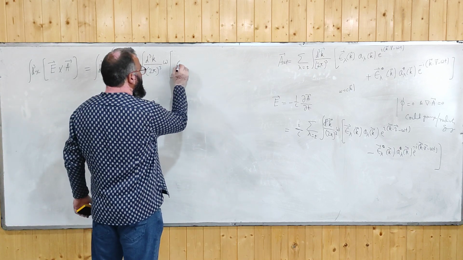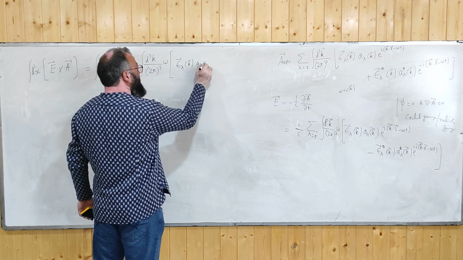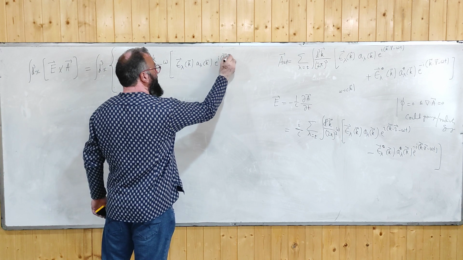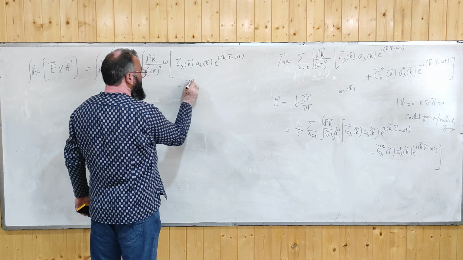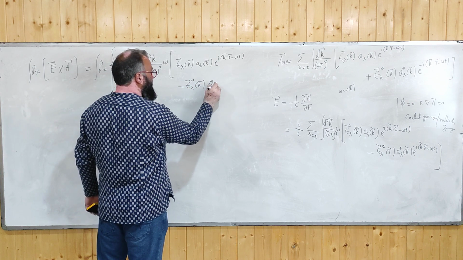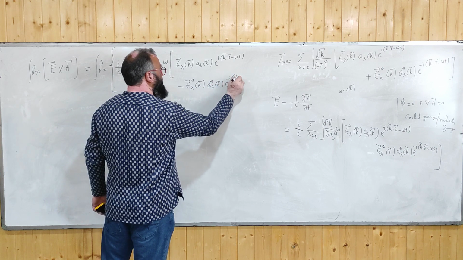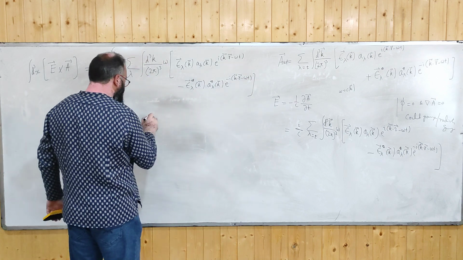So you are having this epsilon lambda k, a lambda k, e raised to i(k dot r minus omega t), then you have minus epsilon star lambda k, a star lambda k, e raised to minus i(k dot r minus omega t). Then you are having a cross product like this.